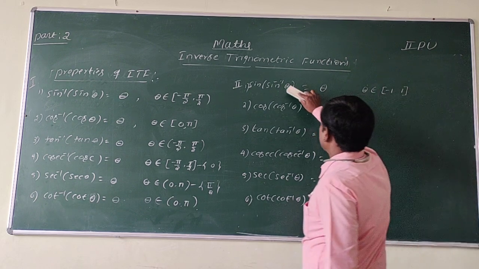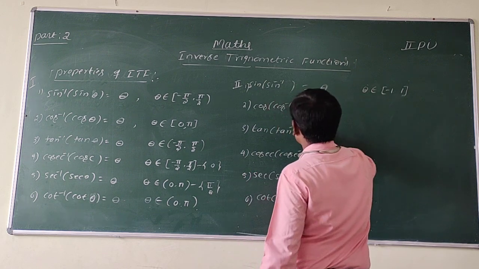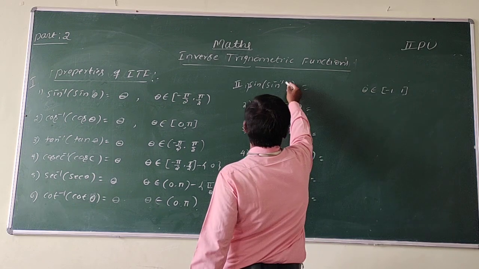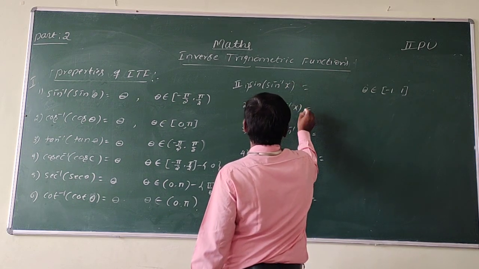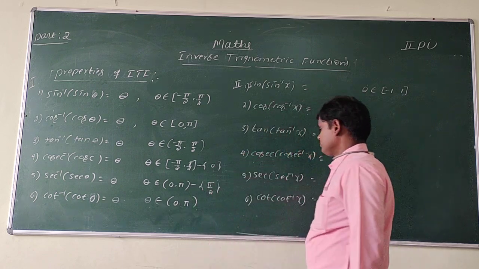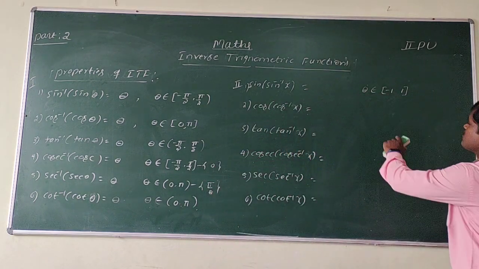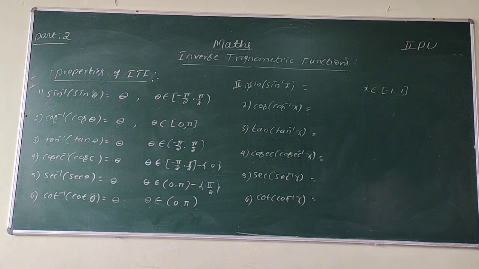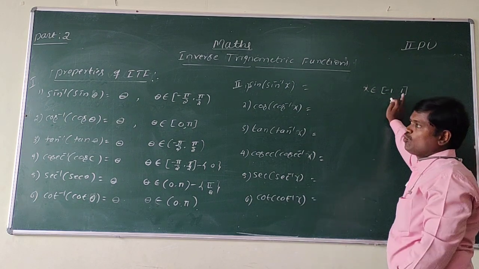Or it is better to take x also. So it is very easy to remember that x. So x is any real value. The value of x lies between -1 to 1.